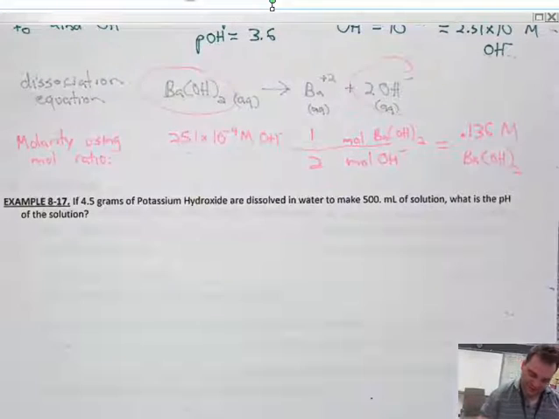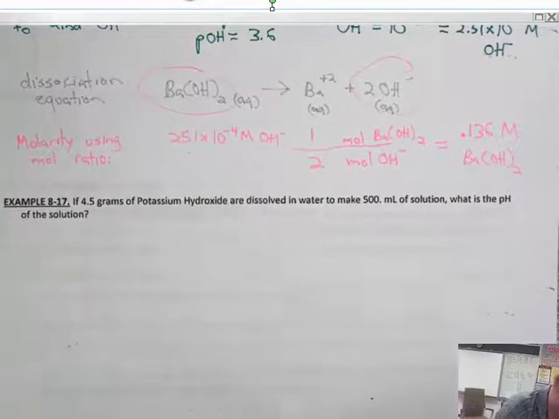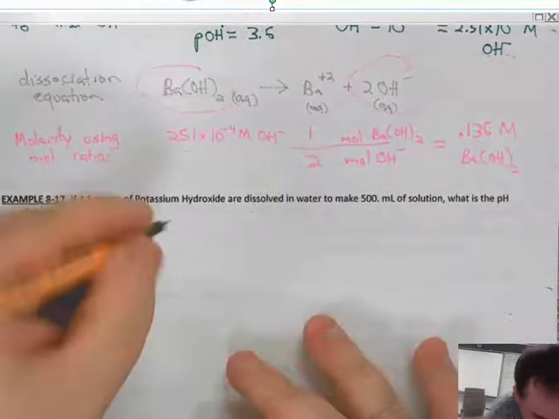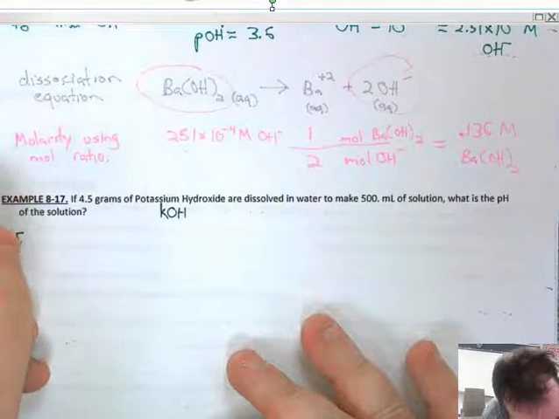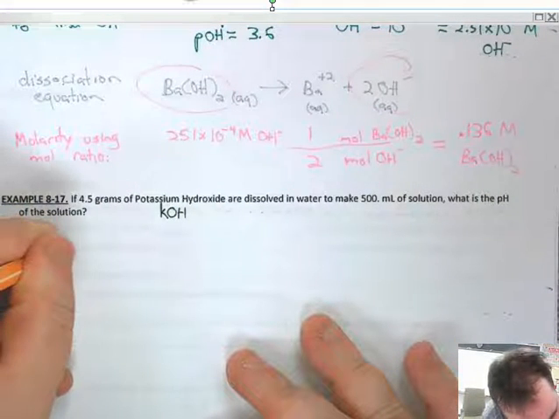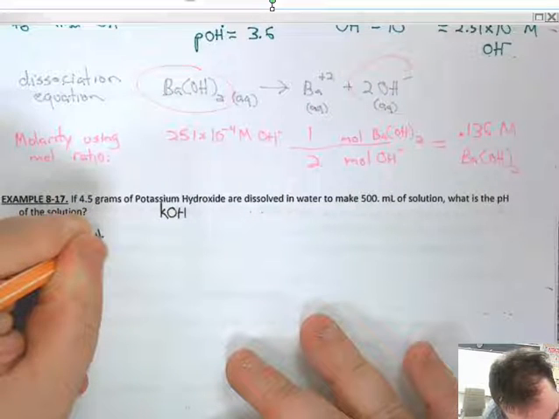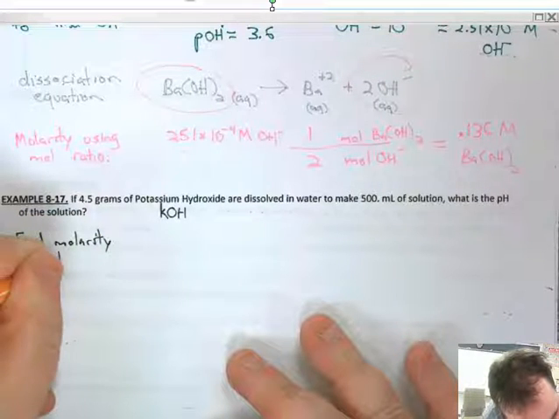So on this one here, okay, they didn't give us the molarity of the potassium hydroxide, which we know is KOH. So we have to find molarity first. Okay.